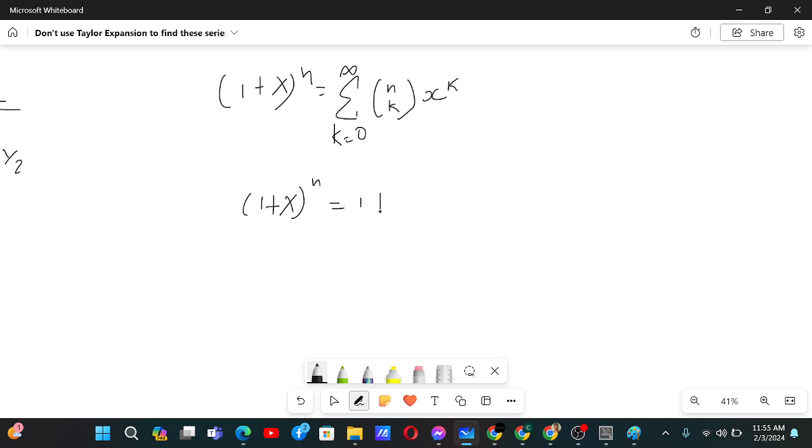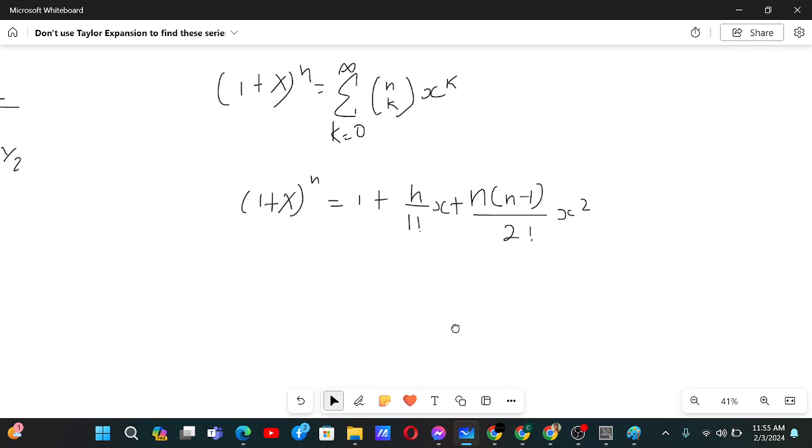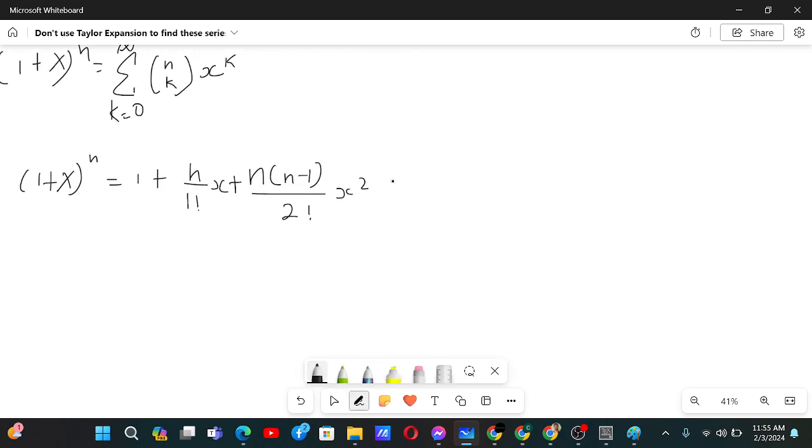So first will be 1, and second will be n by 1 factorial times x, and third will be n times (n minus 1) by 2 factorial times x square. Then we can take it as n times (n minus 1) times (n minus 2) by 3 factorial times x cube.